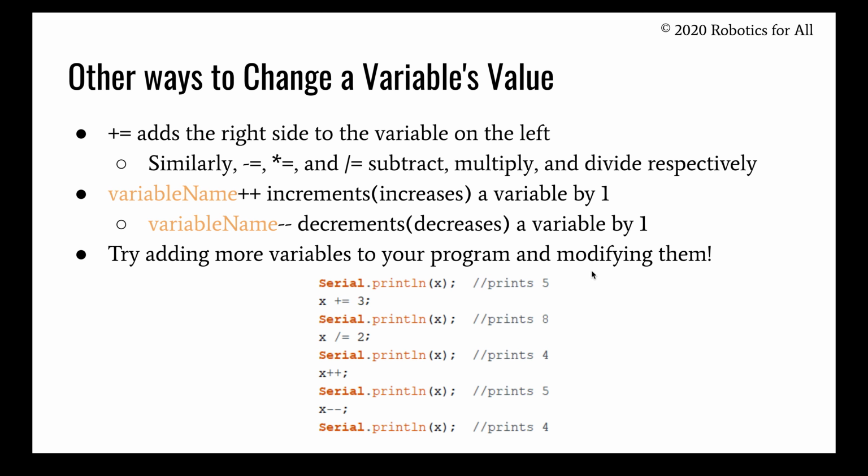There are other ways to change the variable's value instead of just reassigning it. The plus equals means you add the value that you have on the right side to the variable on the left. So for example, say x equals 5, then you plus equals 3, so x plus 3 equals 8, so it would print 8. And you can do this with other mathematical operators, like minus equals, times equals, and divide equals.